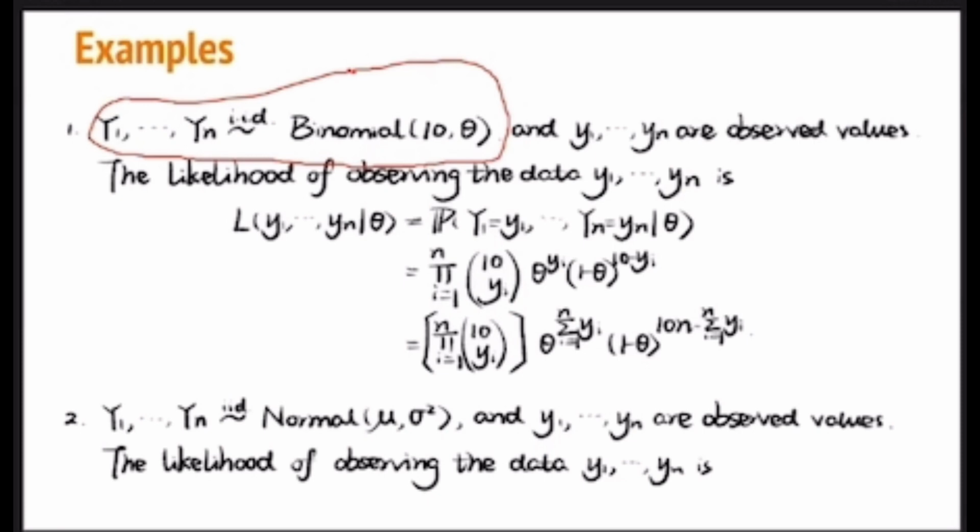Because n equals 10, I'm actually going to be talking about the binomial. Don't forget, there are 2 possible outcomes, and I want to figure out theta. If I want to find the likelihood, this is the formula.